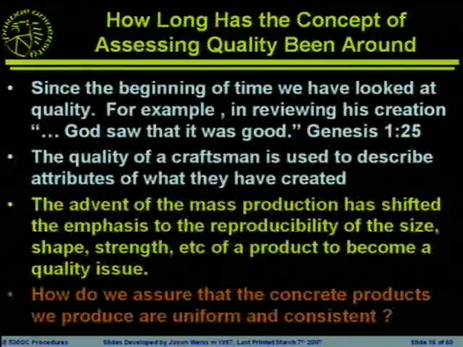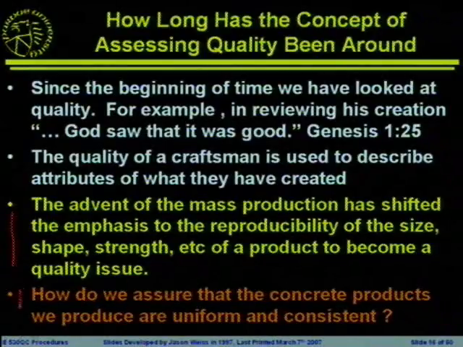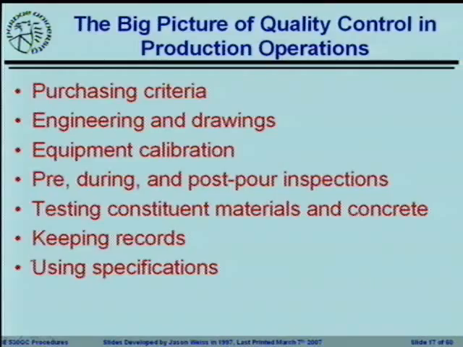We've talked about where variability comes from, but really the big question here is, with the emphasis on reproducibility, how do we ensure that the concrete is as reproducible as possible? Now, what I want to do is give you a little bit of a picture of the big picture aspects of things that you should be worried about when we start to talk about quality control.